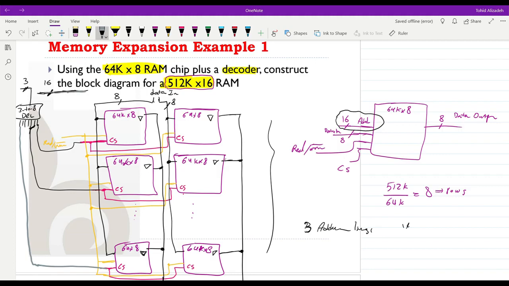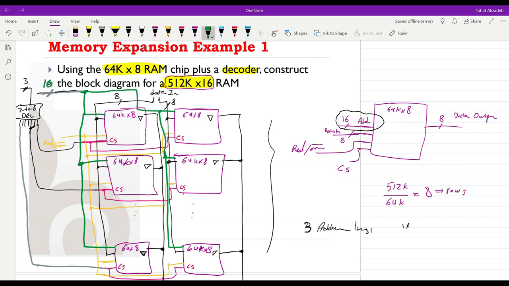The remaining 16 lines of address will be connected directly to the address input of all the chips. I hope it is clear for you if I do it in this way. So they all are connected to each other and to the main address lines.